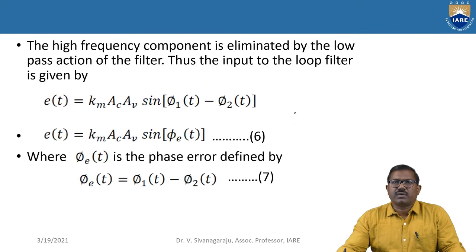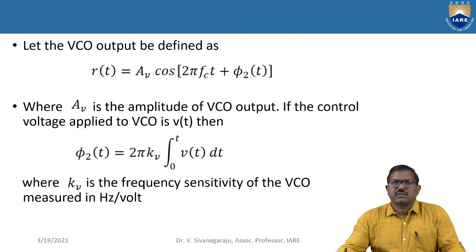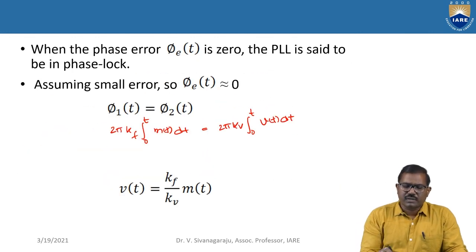So once again you can check phi 2 of t is 2 pi kv integral 0 to t v of t dt.